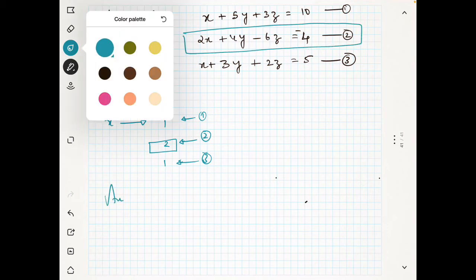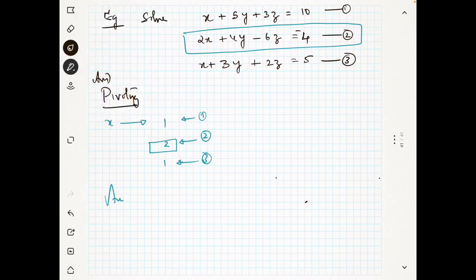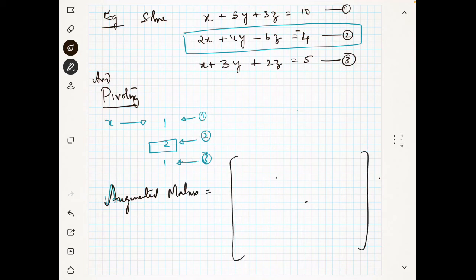So I will write the augmented matrix now. The first row should be this element. So 2, 4, minus 6, okay, and this is minus 4. Next I will talk about y.